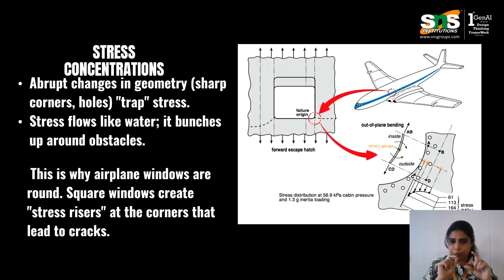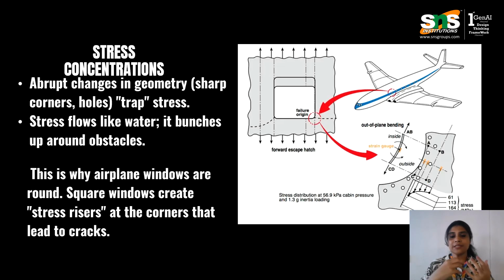But if you put a sharp notch, a hole, or a square corner in the metal, the water bunches up and creates a whirlpool of intense pressure. For us it may seem like a small change, but to the building it's a very big change.